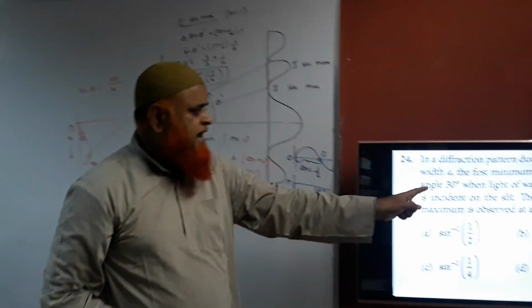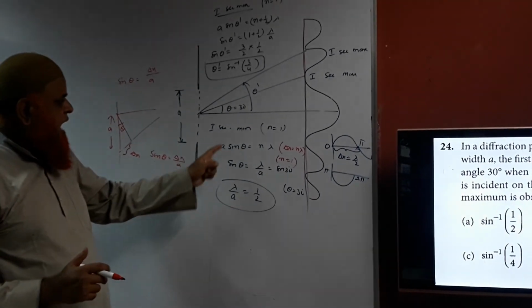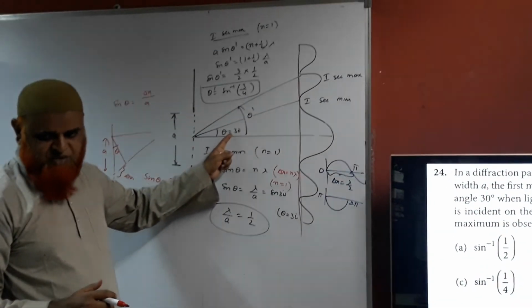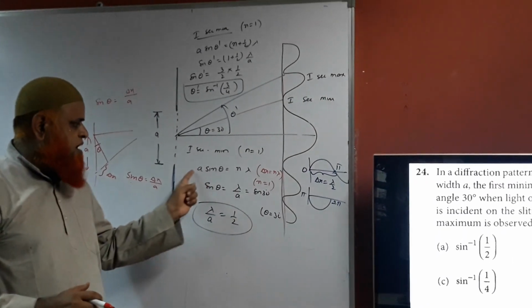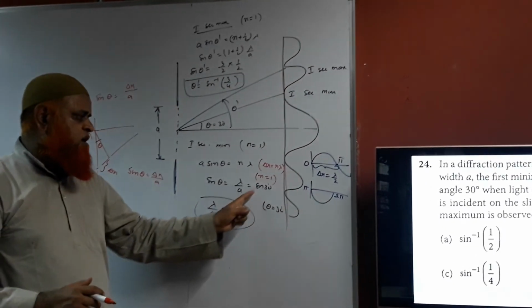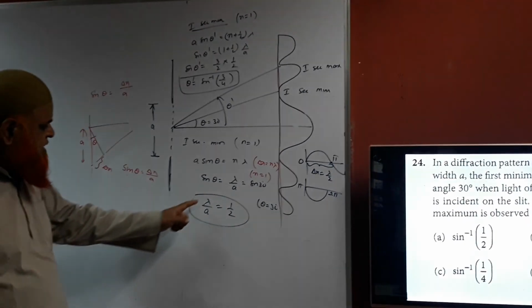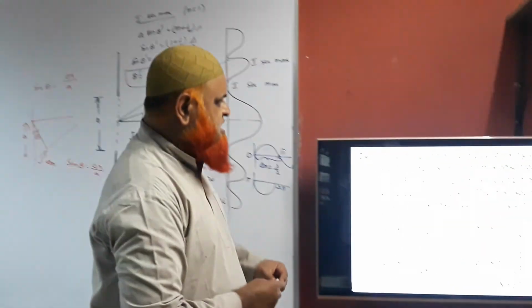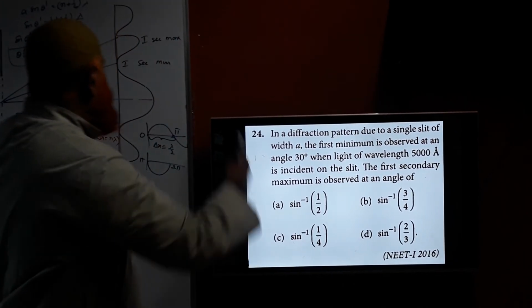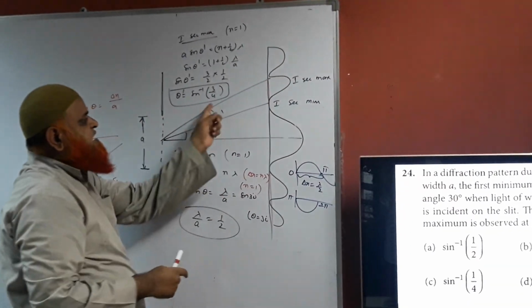It is given that the angle is 30 degrees for the first secondary minima, so sin 30 is equal to lambda by a. The value of sin 30 is 1 by 2, so indirectly we get the value of lambda by a as half. The second part of the question says to find the angle made by the first secondary maxima. So this angle theta one you have to find out.